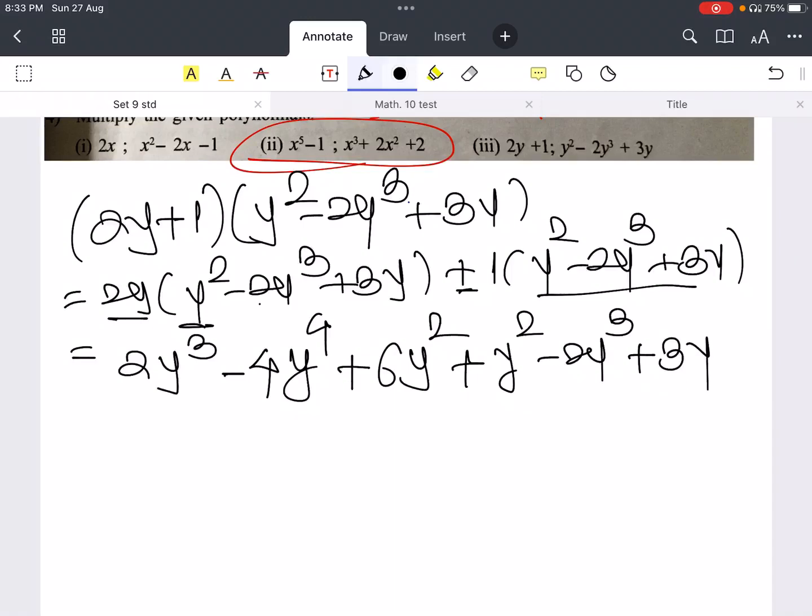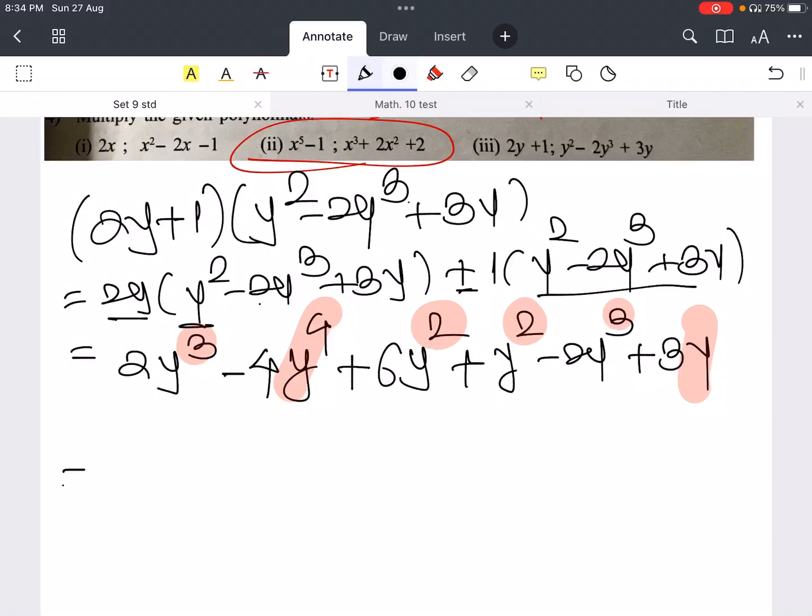Now as per the previous one, like terms will add with the like terms. Here y square is there, y square is there, y cube is there, y cube is there, y raised to 4 is a lonely term, and y is a lonely term. So the like terms we will add, and the remaining we will keep as it is.